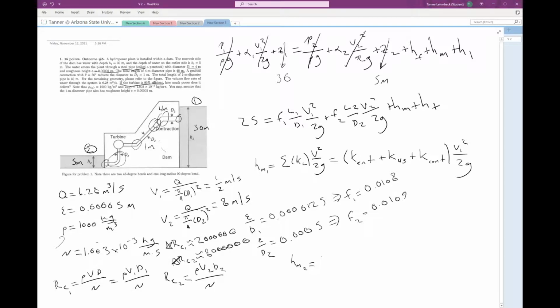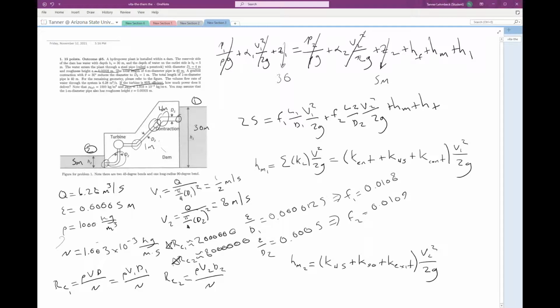So if I write that out, I'll have K45 plus K90 plus K exit, times V2 squared over 2G. So these are my minor loss terms. What I would have to do now is reference the textbook or the internet somewhere.